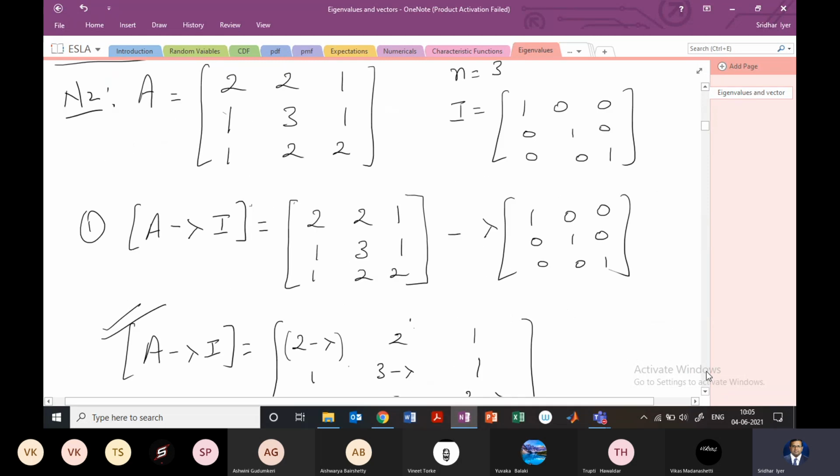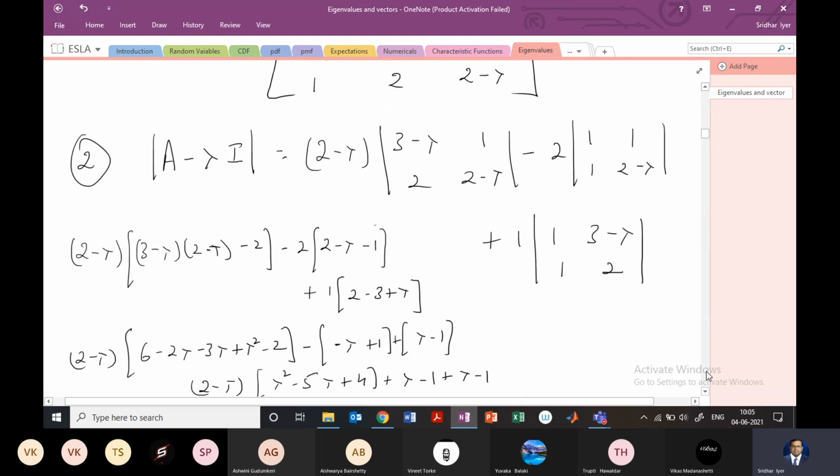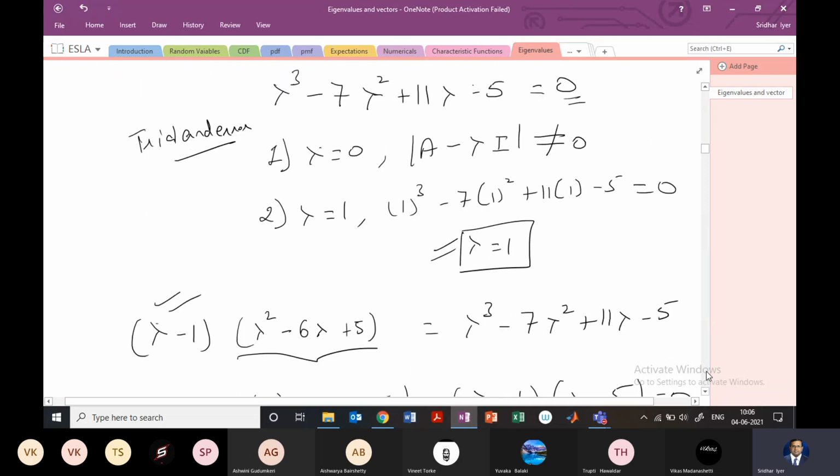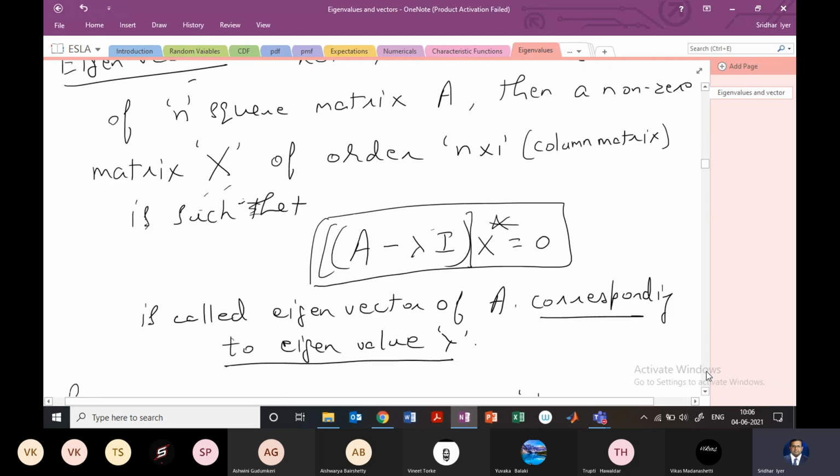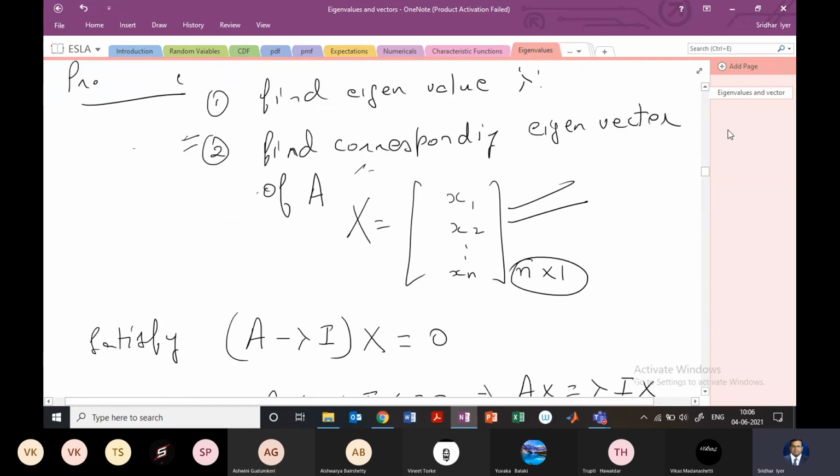Then we've seen how we can evaluate the eigenvectors, for which we need to do A minus lambda I into x equal to 0, and x will be a column vector, and depending on the number of lambdas, that is eigenvalues, we'll get the number of vectors. So 2 eigenvalues will give us 2 vectors and 3 will give us 3, right?